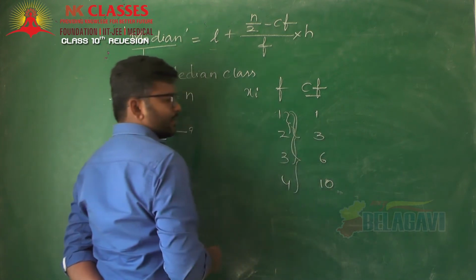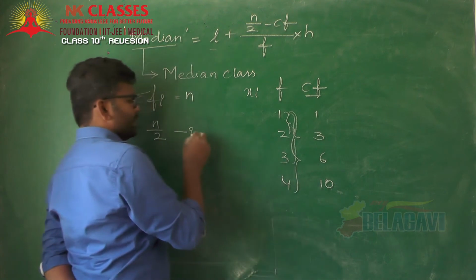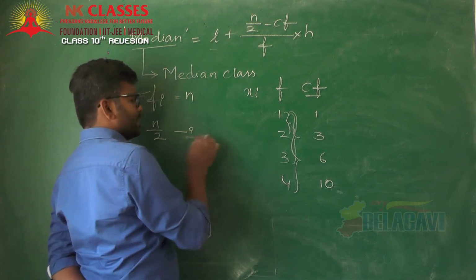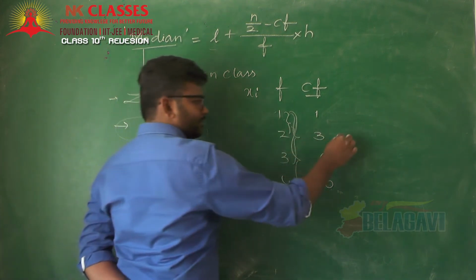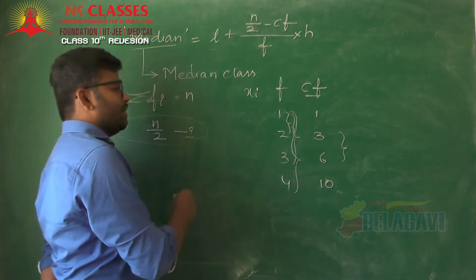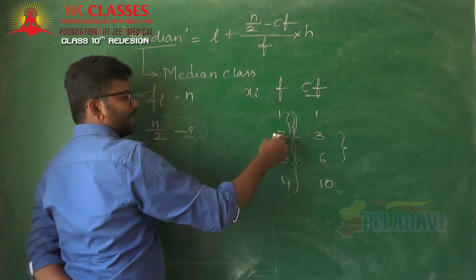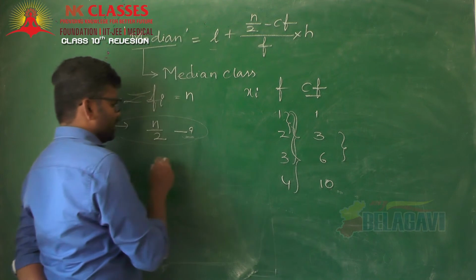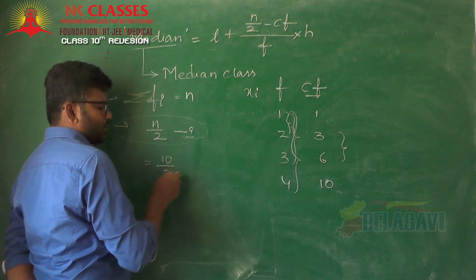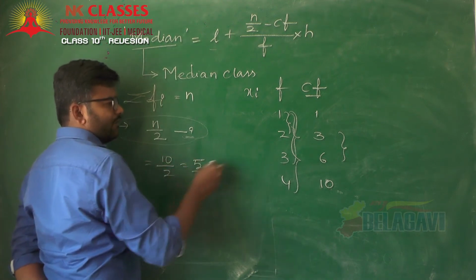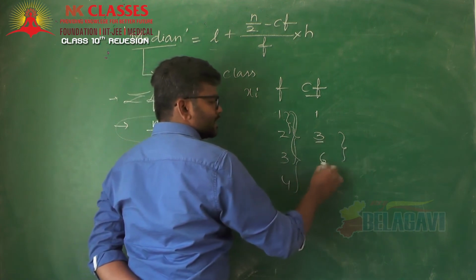This total is 10. Right? So in this cumulative frequency, you need to find where the N by 2 value will lie. Here, 1 plus 2 is 3, 3 plus 3 is 6, 6 plus 4 is 10. So 10 by 2 is nothing but 5. The 5 will lie between 3 and 6.